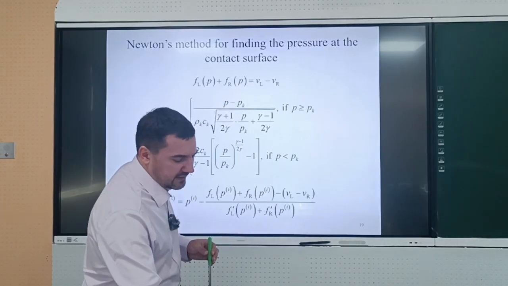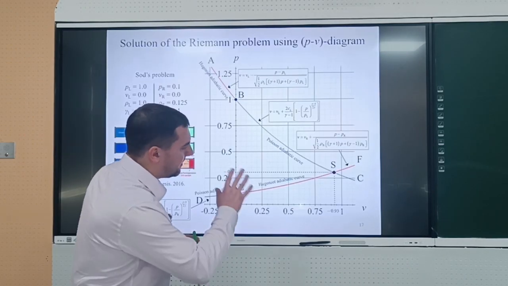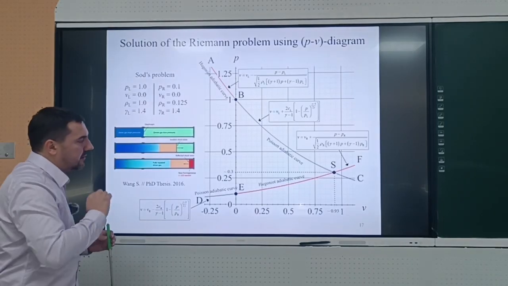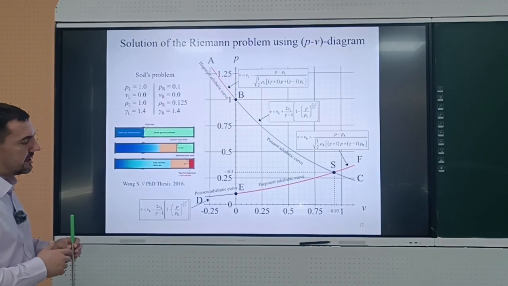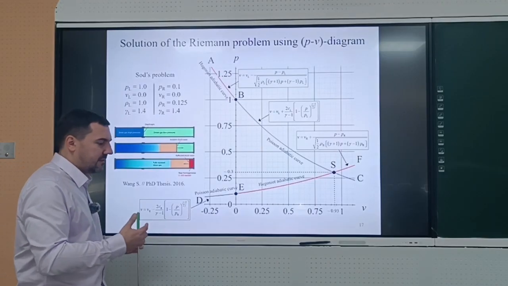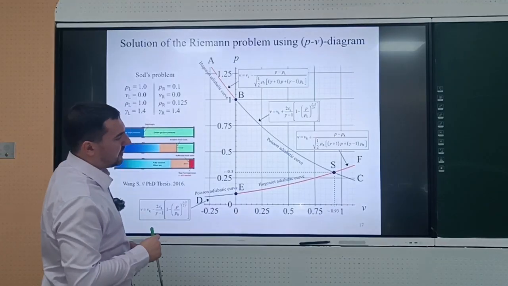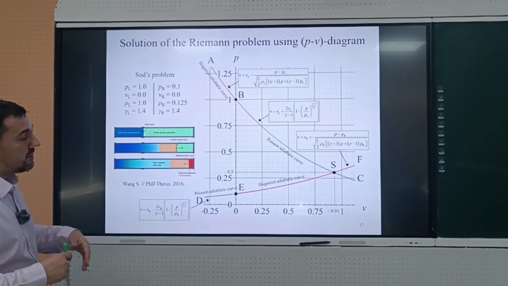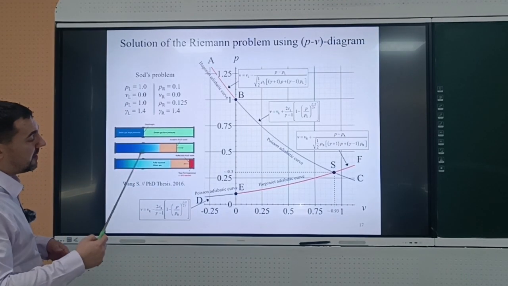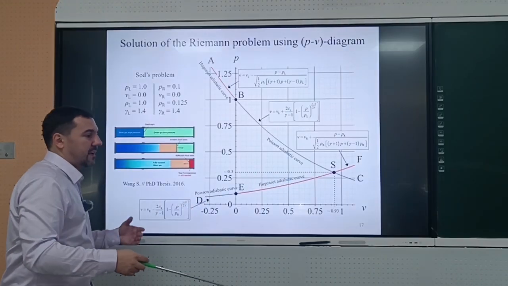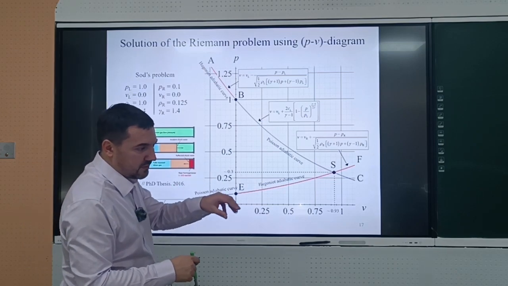But here, actually, the solution of the Riemann problem is a very massive procedure. If your numerical method is based on the solution of the Riemann problem, it means that you must effectively solve this problem many times inside your software.